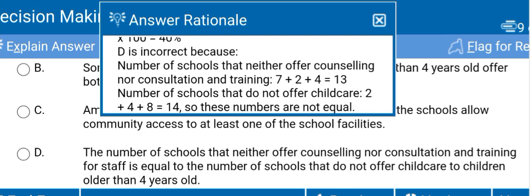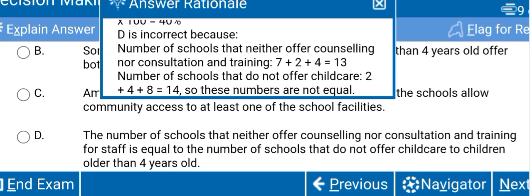So the number of schools that do not offer childcare is 2 plus 4 plus 8 equals 14. So these numbers are not equal. That's why option D is the incorrect option.